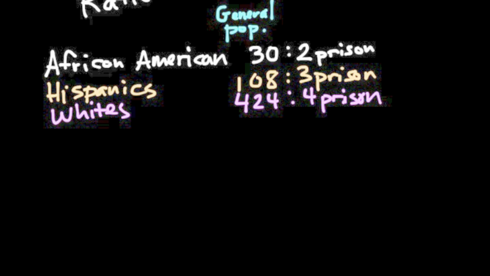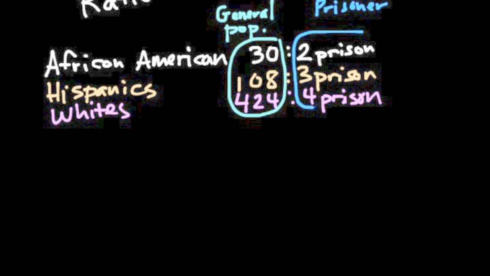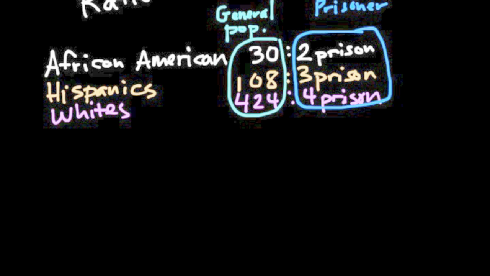This group is the general population of African American men, Hispanics, and whites. This other group that we're talking about here is prisoners. Out of that group, these are the number of prisoners here. So those are the two quantities that we're comparing: the general population of these 3 racial groups to the prison population.